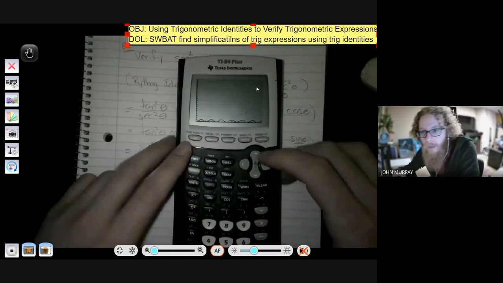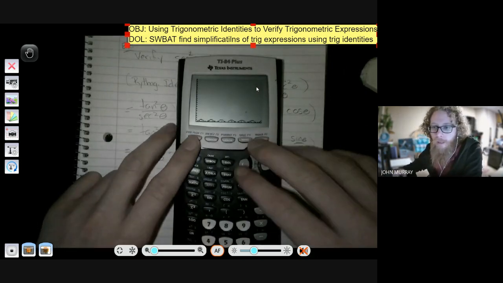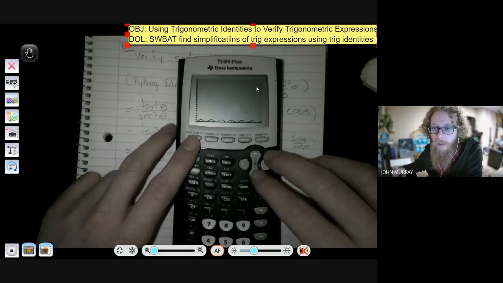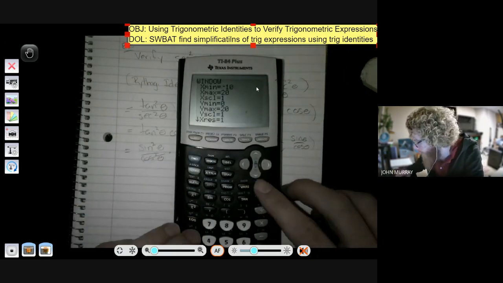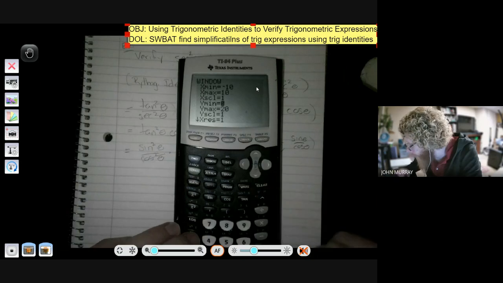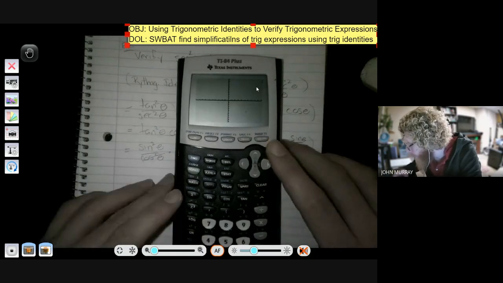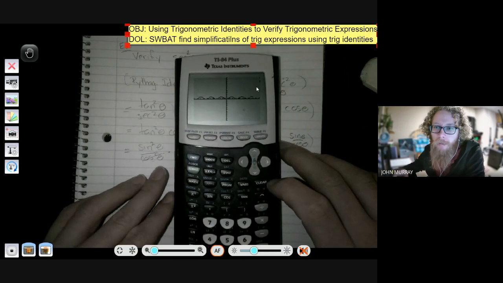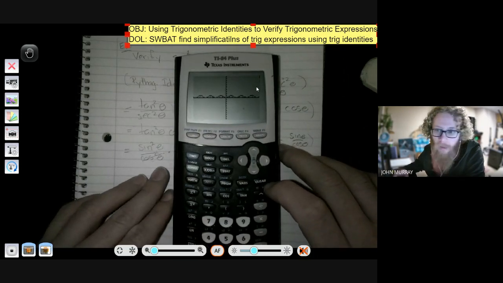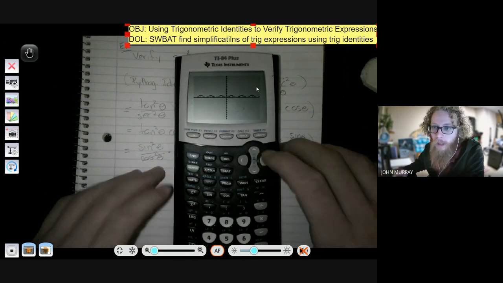All right, and so again, I can look at the graph, right? They're the same graph. So on this kind of calculator, it's a little difficult. Let me just change the window so it looks nice. All right, there's my first function. It kind of bounces along the top. And my second function, again, it's the same thing, so you don't see it.